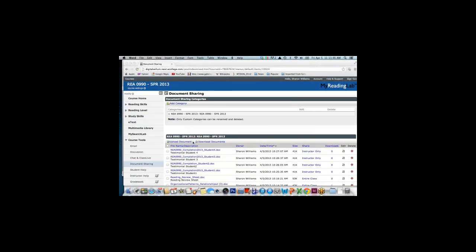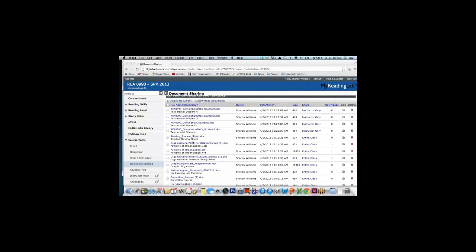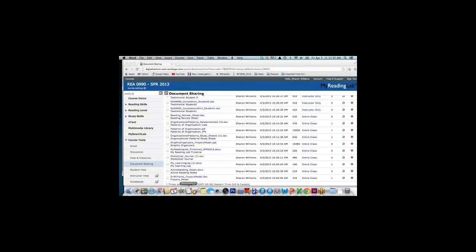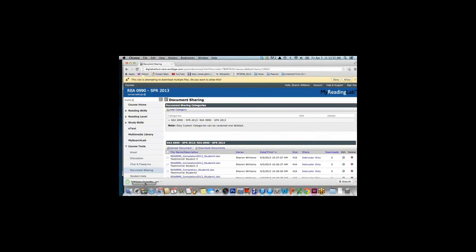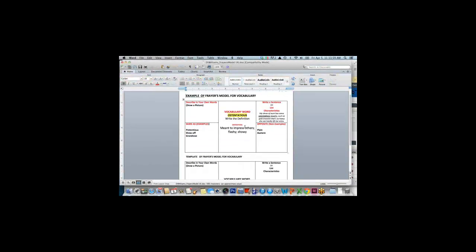The other part that I find really helpful for students is when they begin to use their Frayer model. Actually, on the Frayer model, I've asked students to use index cards. So they use 3x5 index cards, or they may use the 5x8 index cards.